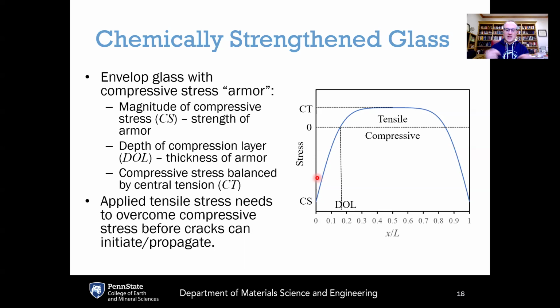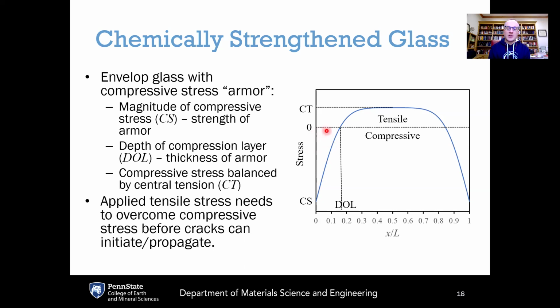They want to create a fracture and tear the glass apart. The compressive stress wants to pull everything together. So the compressive stress is providing protection against the glass fracturing. And you're safe as long as those cracks stay within this compressive region.